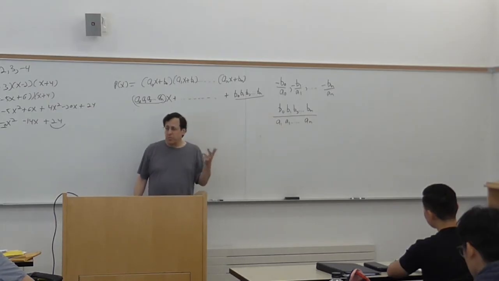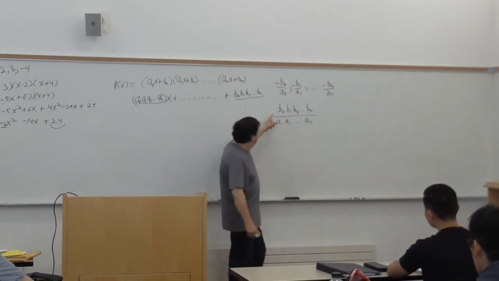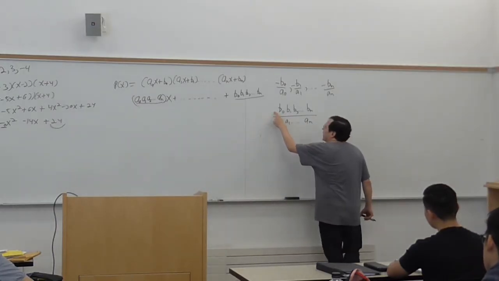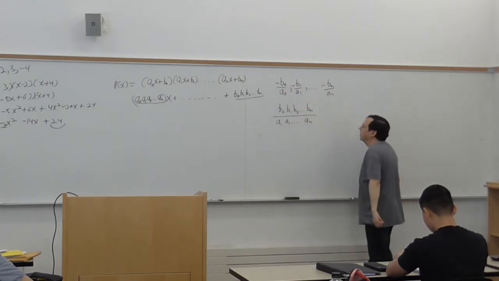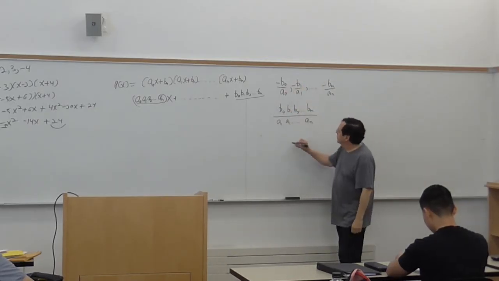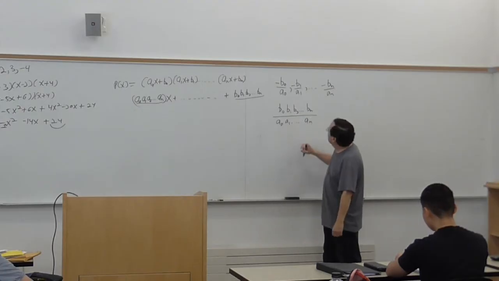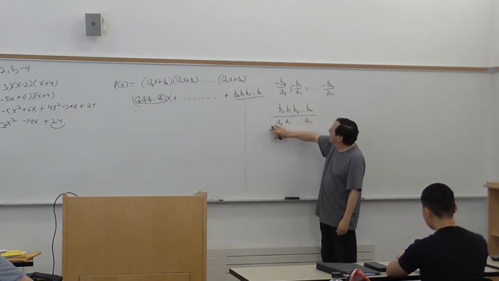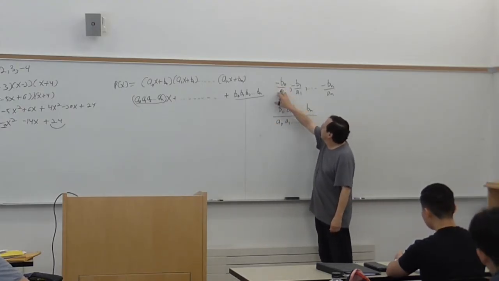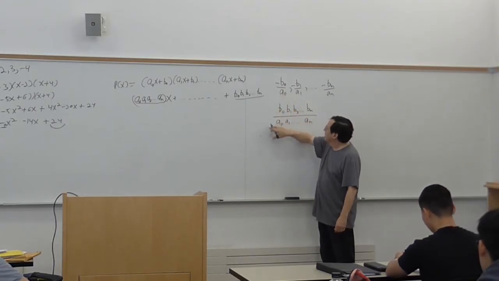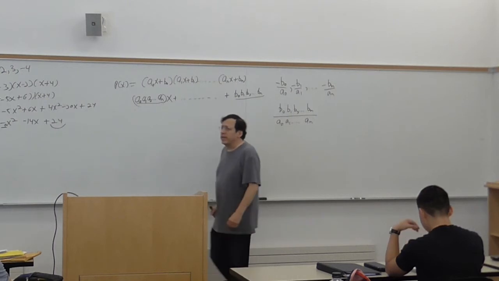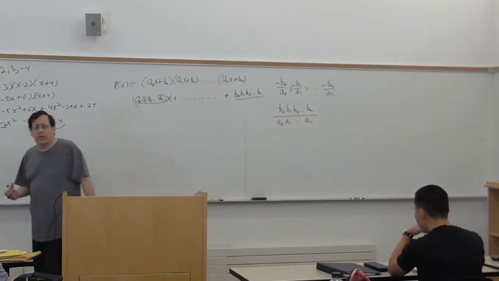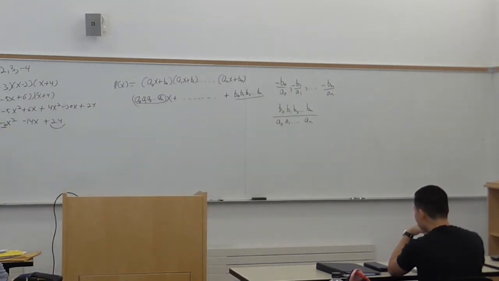We know something really important: that embedded in here are these roots, right? Forgetting the negative signs for just a second, we have b0 over a0, but we've got that here. This brings us to the rational root theorem.